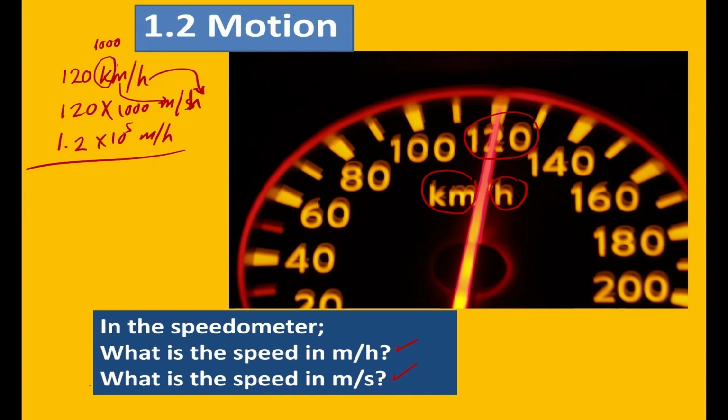Okay, what about the second question? They need it in meter per second. Good, we want to convert this to meter per second. This one is 1.2 times 10 power 5 meter per hour, which means meter divided by hour.